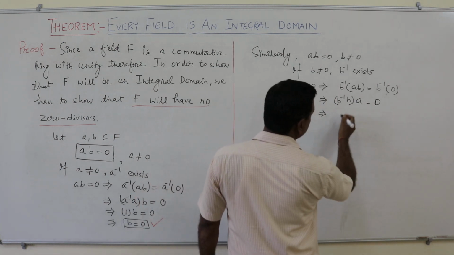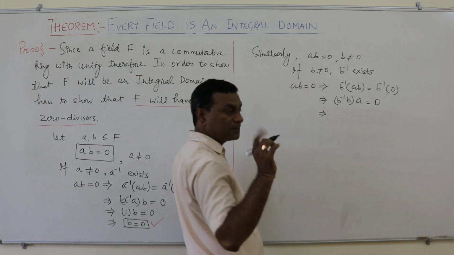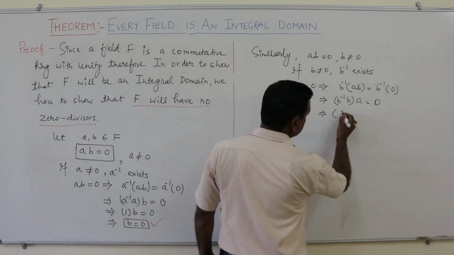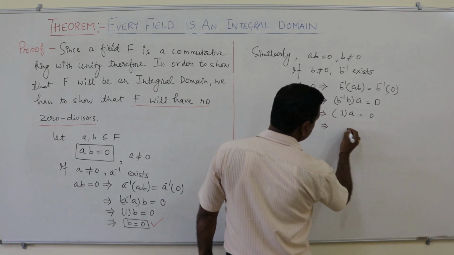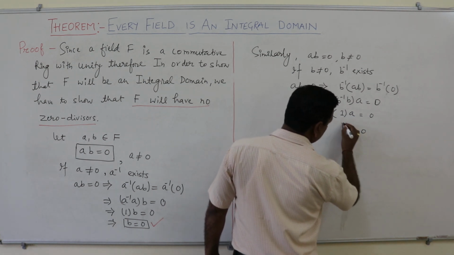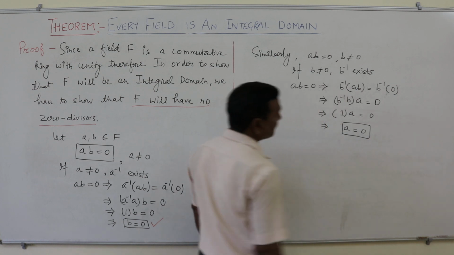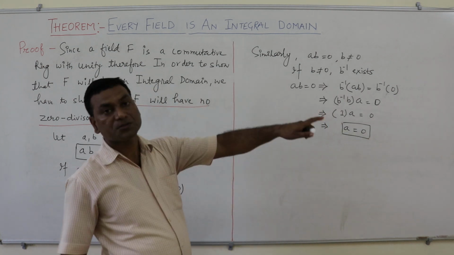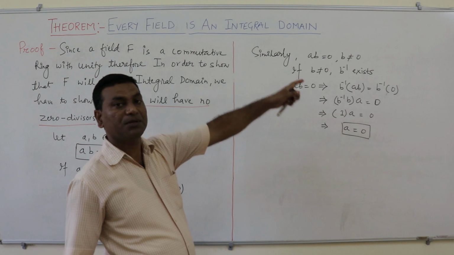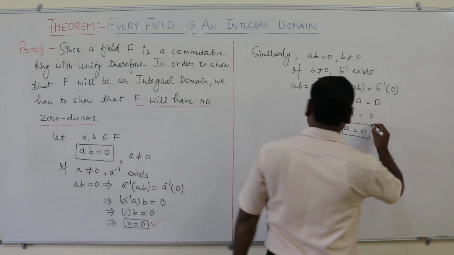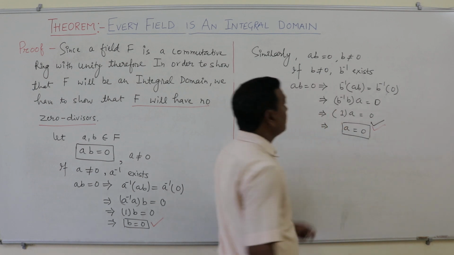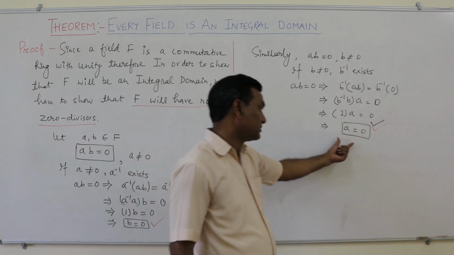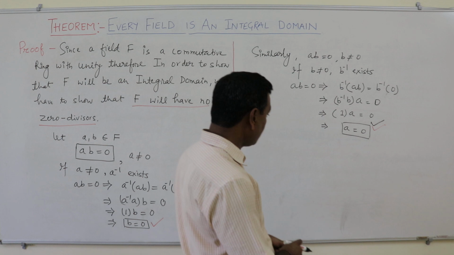Now this B inverse B is 1, so 1 A equals 0, and this is A equals 0. So when B is not equal to 0 and AB equals 0, then A is 0.